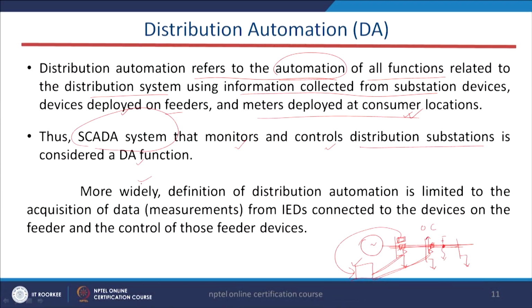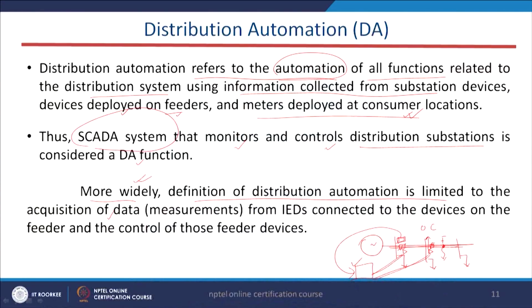Now, more broadly, how to define this? More widely, the definition of distribution automation is limited to the acquisition of data. It will collect the data from all the sensors which are deployed on feeders or deployed at consumers' location.